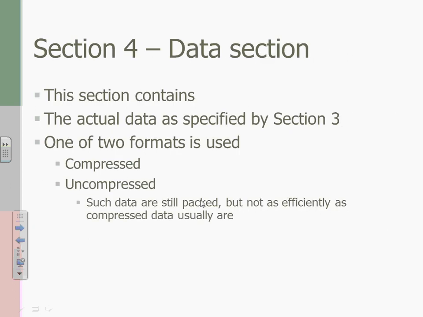So section 4 is our actual data. This section includes real data as specified by section 3. Sometimes data are compressed and sometimes uncompressed, which is represented by the flag in section 3.